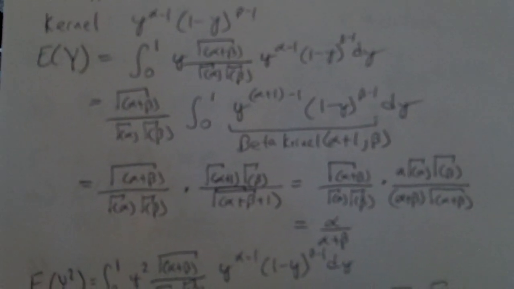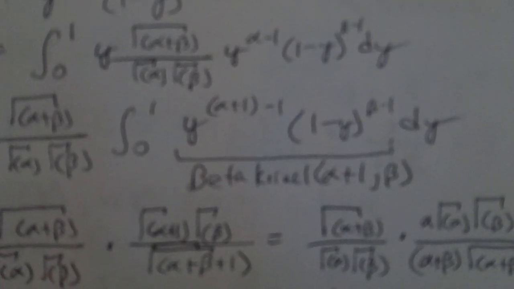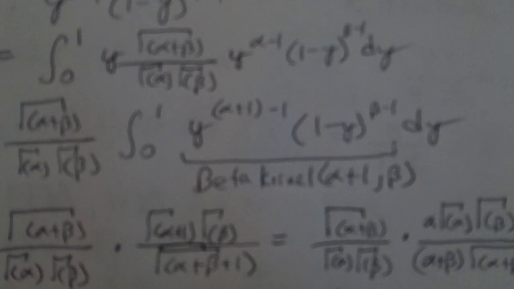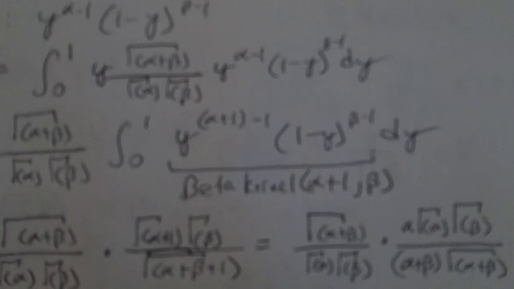Okay. The mean and the variance, we've got the derivations, and once again, we're using the kernel similar to what we did in the case of the gamma. And so in the first case, you'll notice that with the y that was brought in for the expected value of y, we end up having a beta kernel again, and the parameters are alpha plus 1 and beta.